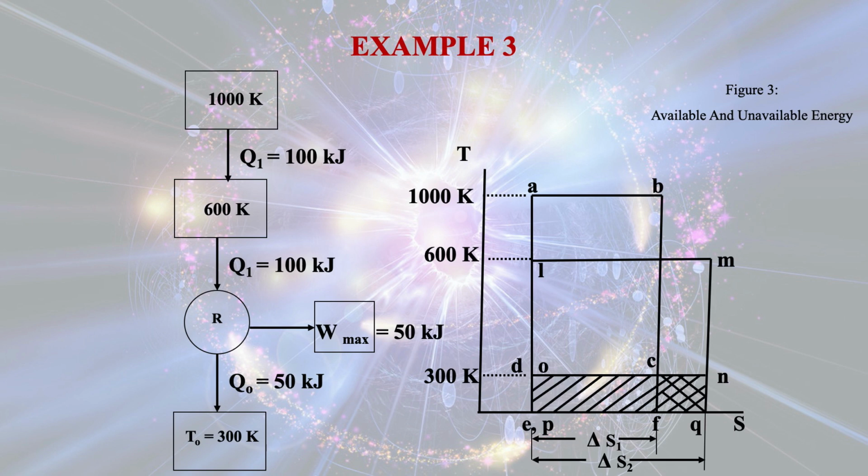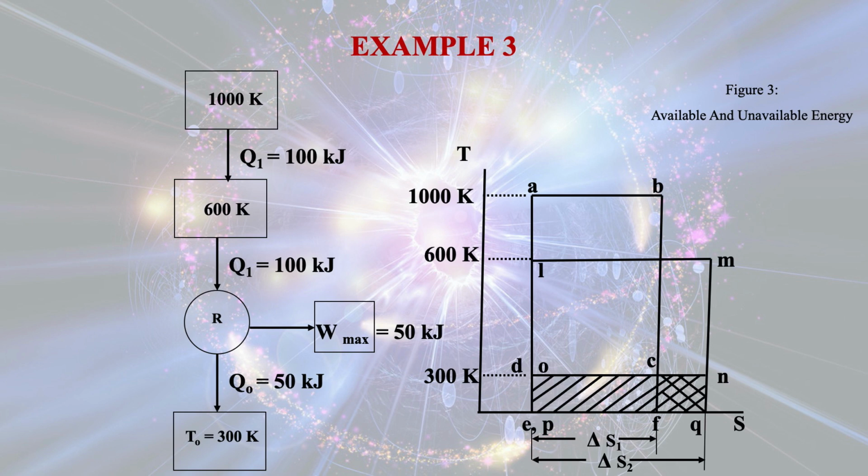Now from the second reservoir we are getting Q1, that is 100 kilojoule, and it is coming into the engine as an input, and here we are getting W max of 50 kilojoule because the sink temperature is 300 Kelvin, and this engine is actually operating between the high temperature, that is 600 Kelvin, and the low temperature, that is 300 Kelvin.